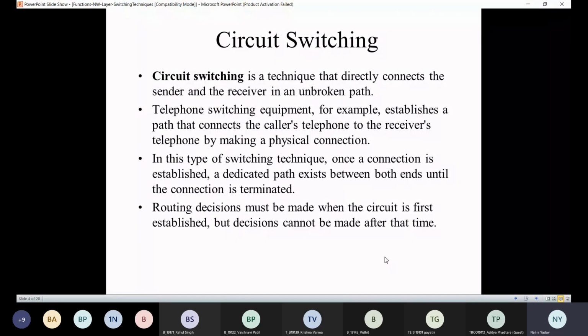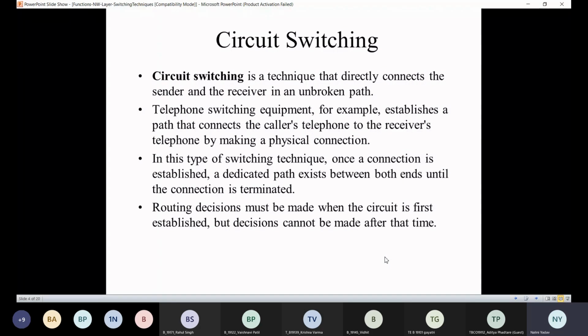In this particular type of switching technique, once our connection is established, a dedicated path exists between both ends until your connection is terminated. So we always have a dedicated path in circuit switching. It is established at the start of a communication, and it will be broken only at the end of the communication.